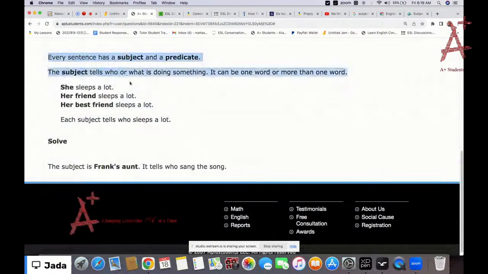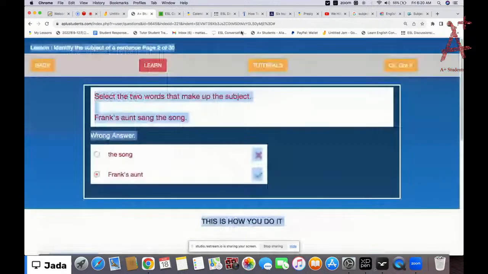You can read the explanation here. So this is the detailed explanation, and after that you can see the right answer. So the subject is Frank's aunt. It tells who sang the song. Okay, so now, got it.